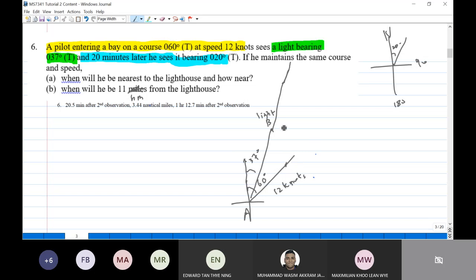I want to get 20 degrees here, but I don't want to get a big graph, so I think this is good enough. This is the direction of the pilot moving at 60 degrees. And then I say this is point C here, and then you see the light. The light is actually at point B.